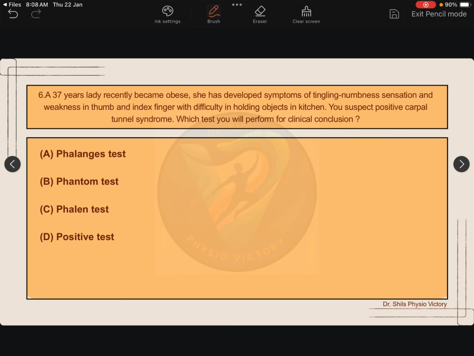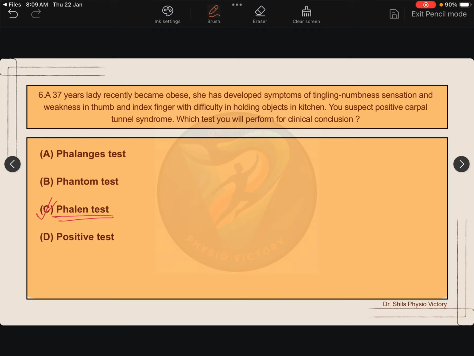You suspect carpal tunnel syndrome. Which test will you perform for clinical conclusion? Option A, phalanges test. Option B, phantom test. Option C, Phalen test. Option D, positive test. Here, the correct answer is option C, Phalen test.